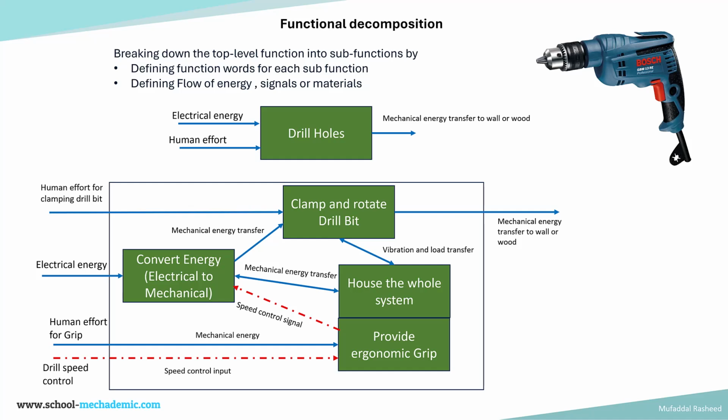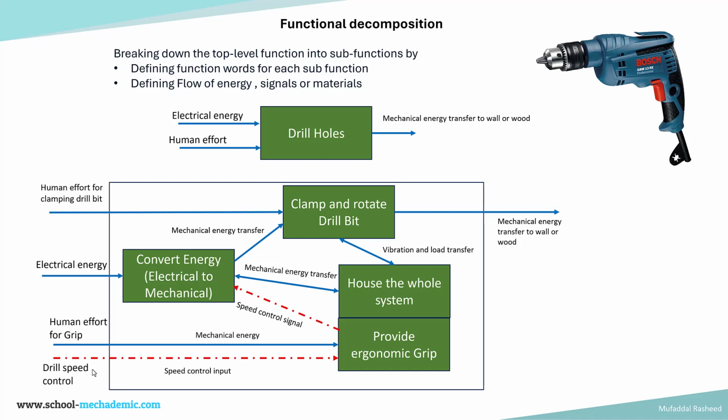So this function is not continuously working. It's an intermittent function. But this function, or we can say this input energy, has to be there to perform the function always. There is another input, which is in the form of signal or information, that is drill speed control.